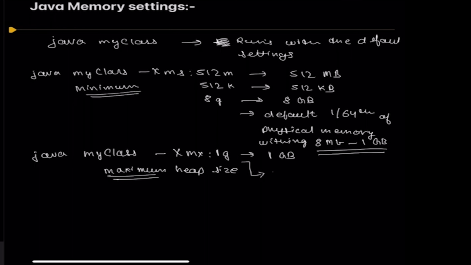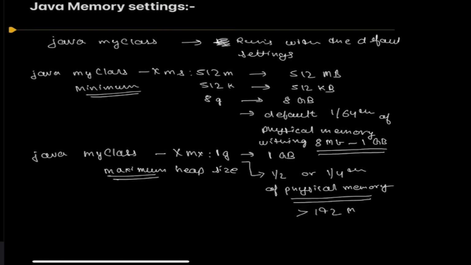And the default value for maximum heap size is half of the physical memory or 1/4 of the physical memory, depending upon the physical memory available. So if the physical memory is less than 192 MB, in that case the default value of maximum heap size will be 1/4 of the physical memory.